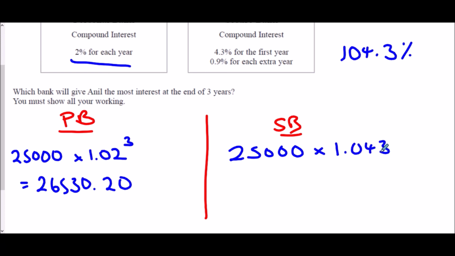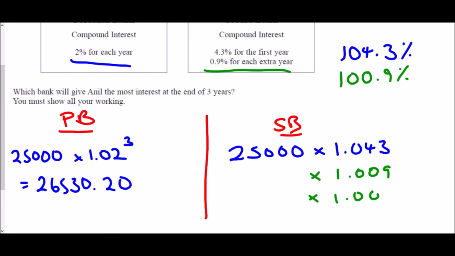Then for the next year I'm getting 0.9% for the other years, so that would be 100.9% or 1.009. So that will be the second year, and then times by 1.009 again for the third year.